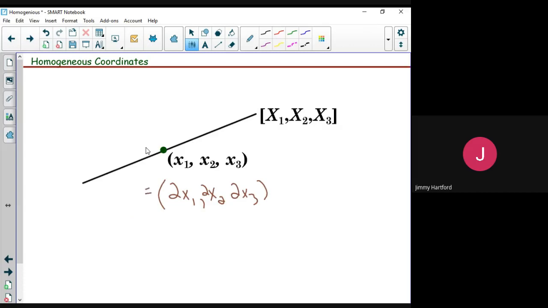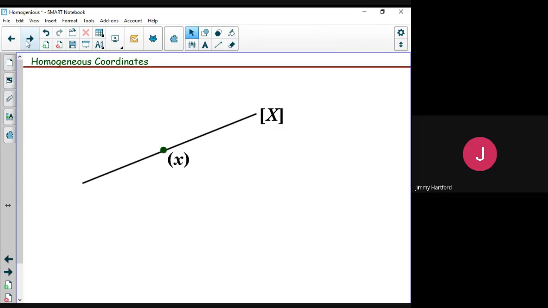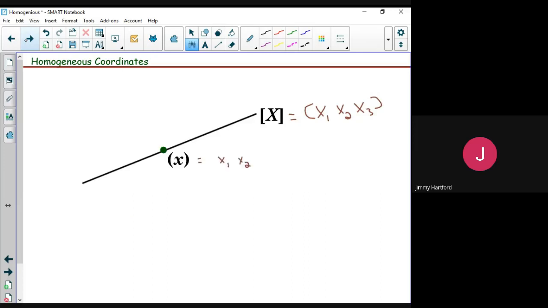And the same thing with lines. Once we've established that, if we're talking about generic points, we can reduce this down to just a single x, knowing that this is going to be three different values that we might call capital X, and this would be three values that we would call lowercase x.